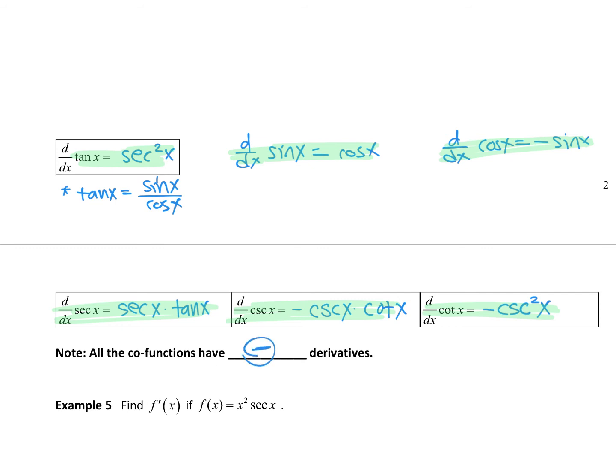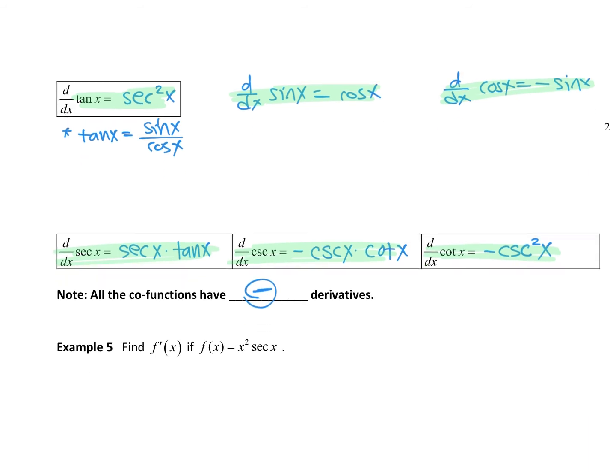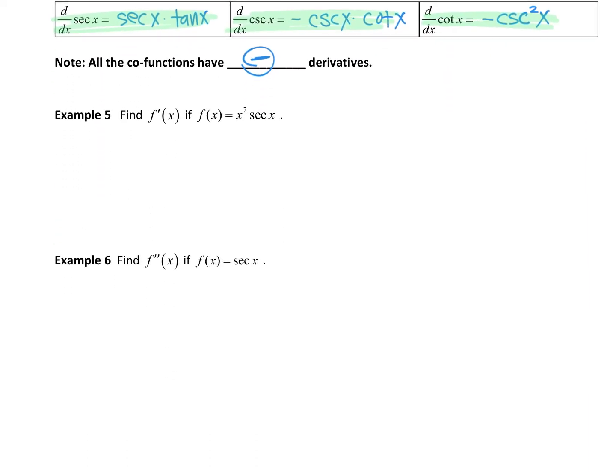All right, let's look at example 5. Find the derivative if f of x is x squared times secant x. Again, it's going to be f times g, so this is the product rule I'm going to be using. It's f prime g plus f g prime.